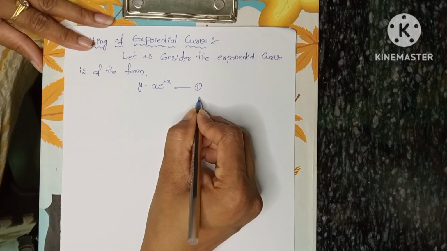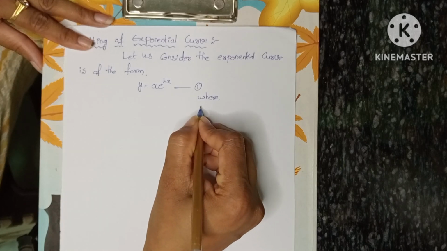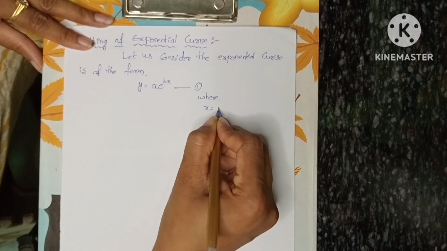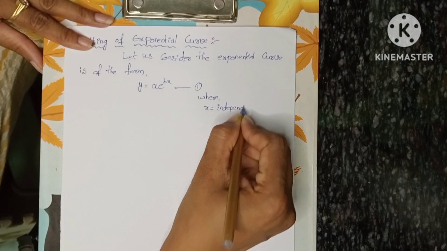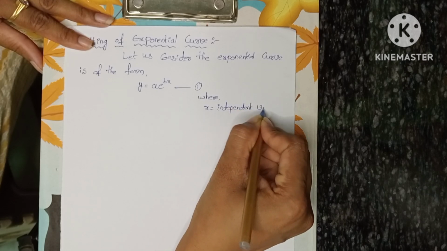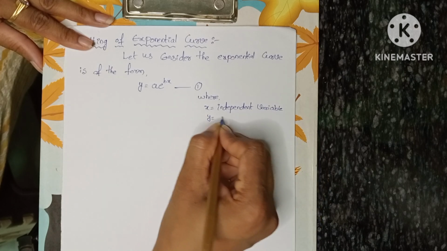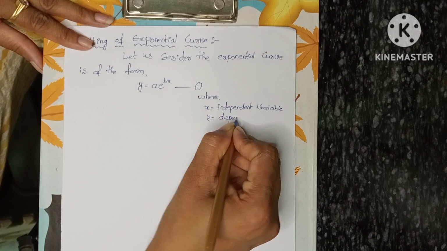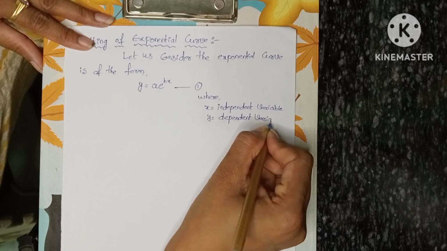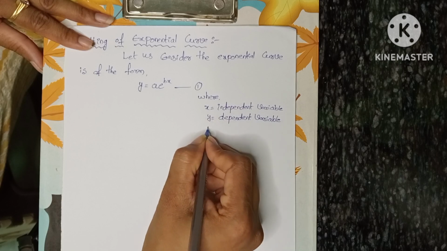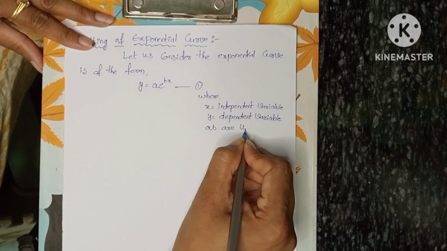Where x is the independent variable, y is the dependent variable, and a, b are unknown constants.